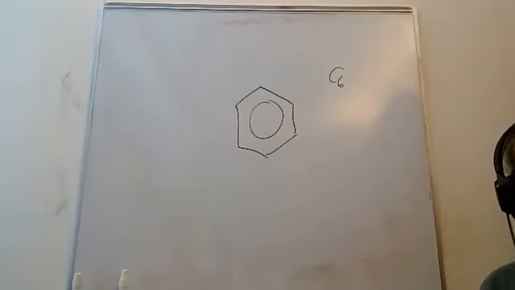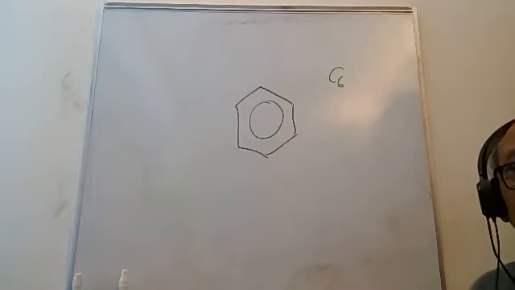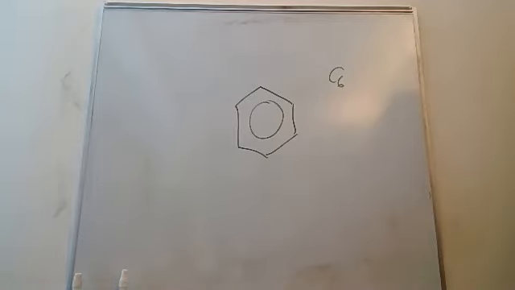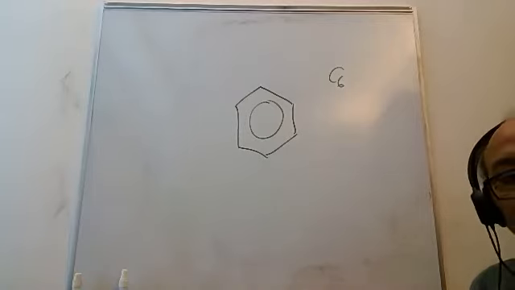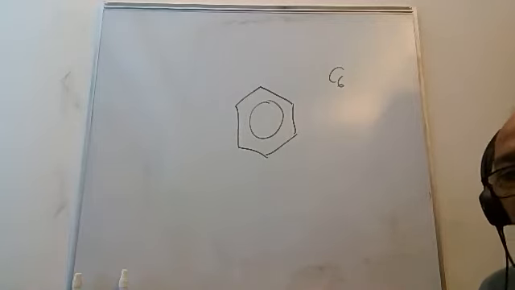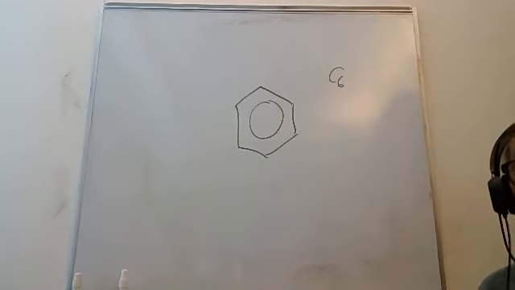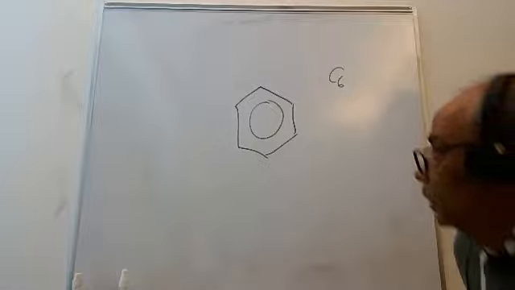Yes. Where are the C2s? There would be 6, right? Where are they? Are they perpendicular to the board or are they contained in the board? They're in the board, right? Okay. So there are 6 C2s.